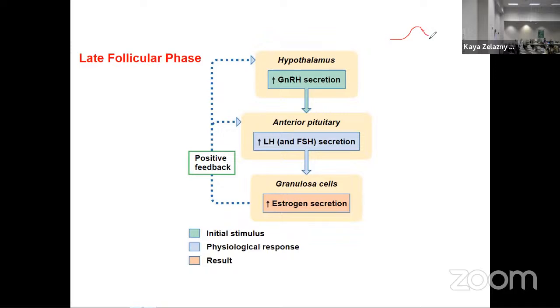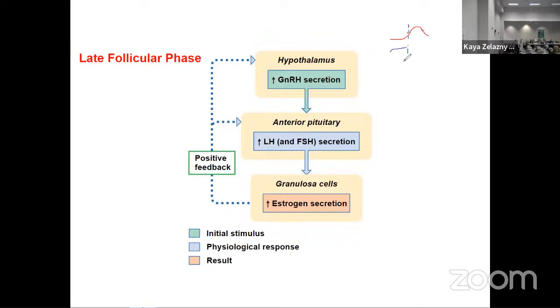So we know that it's starting to be released by those follicles. We don't have to worry about progesterone during the follicular phase. That's only during the luteal phase. The other thing is that we had a little bit of a rise in LH and FSH, but we don't have a spike yet. Not a ton was happening there. We might see a little bit of a rise. Let's make it a little more like this.